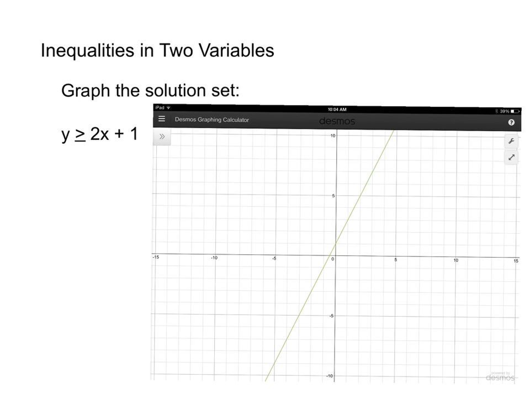On a TI-84 or something similar, you're going to go to y equals, and where you have that line in, y equals 2x plus 1, to the left, you see something like a slash. Go over, put your cursor on that and hit enter.